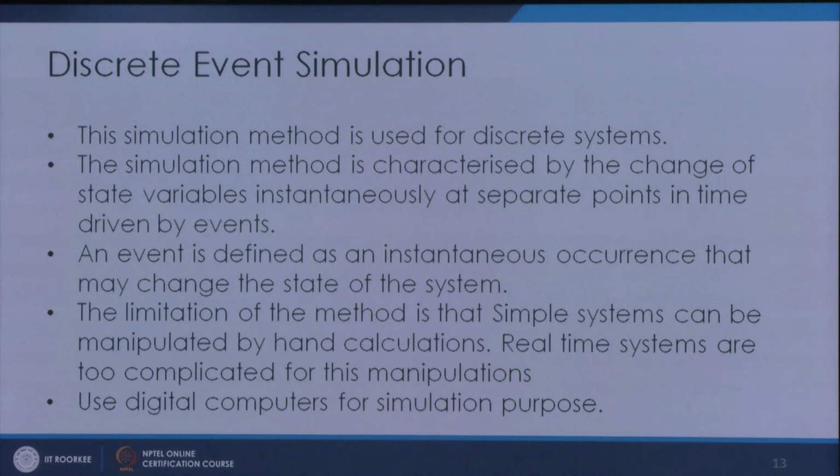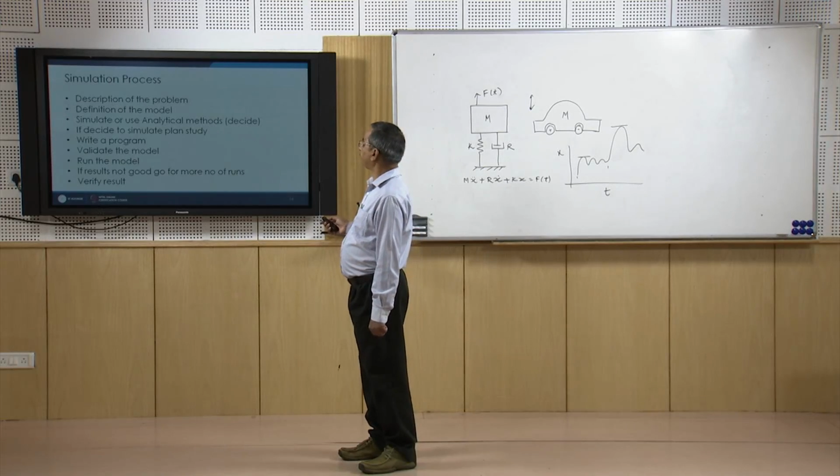And an event is defined as an instantaneous occurrence that may change the state of the system. The limitation of the method is that only simple systems can be manipulated by hand calculations. Real systems are too complicated for this manipulation. Of course, we can use digital computers for the simulation purpose.